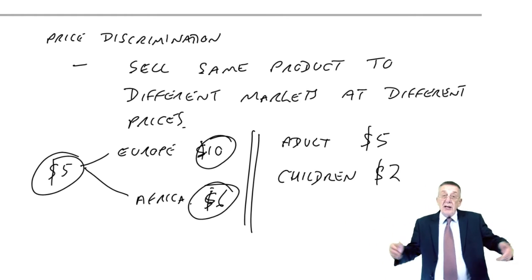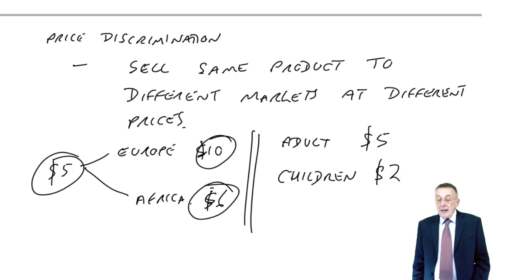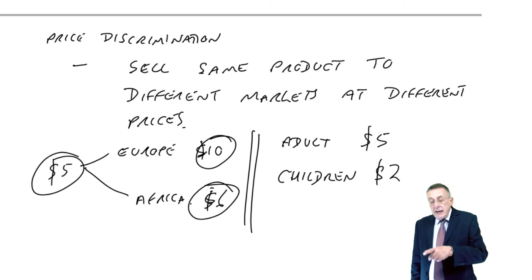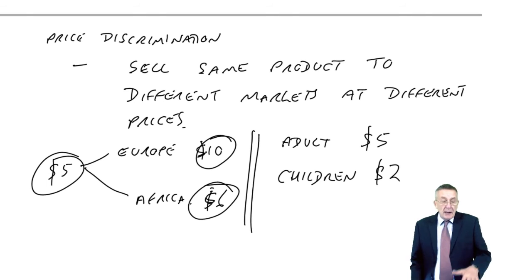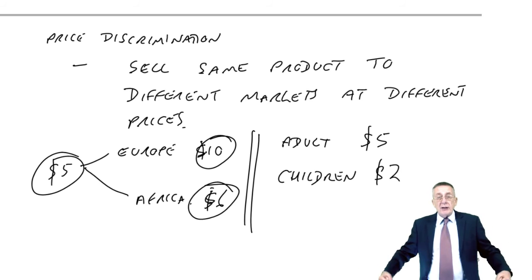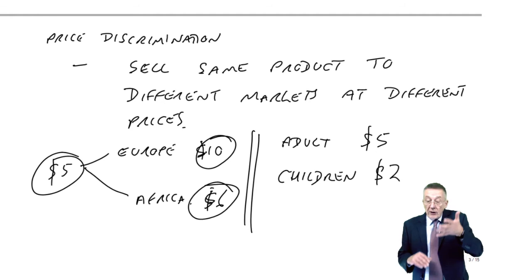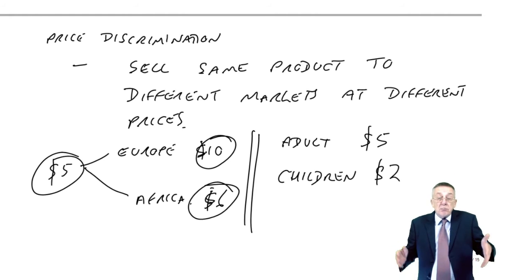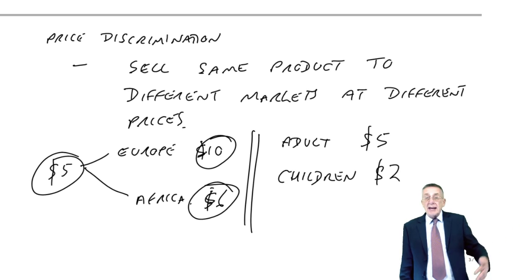I don't know, it's different in different countries. You know, in others it might be if they're old, they pay less. But why are they charging different prices? I'm not talking about tiny little children, I'm talking about great big children. They still take up a seat. It's the same seat, whether you're an adult or a child. It's the same product. Why are some only paying 2 and some are paying 5?